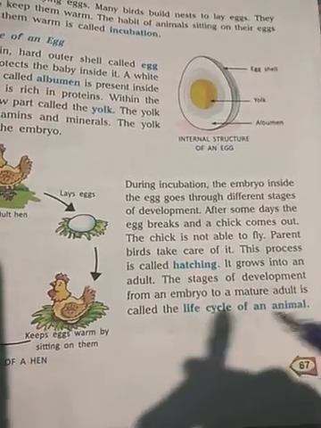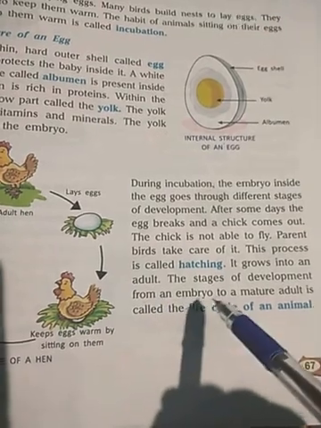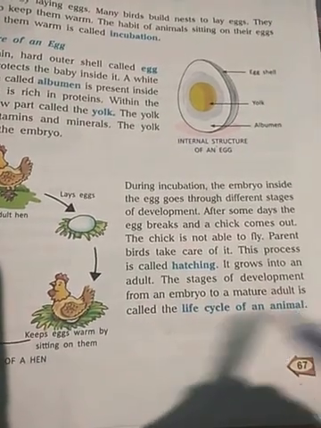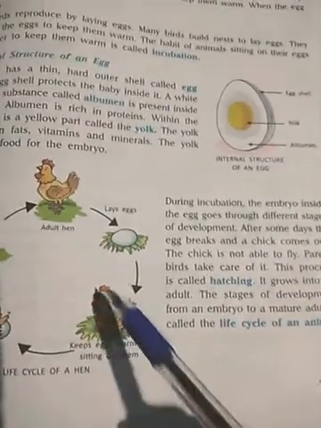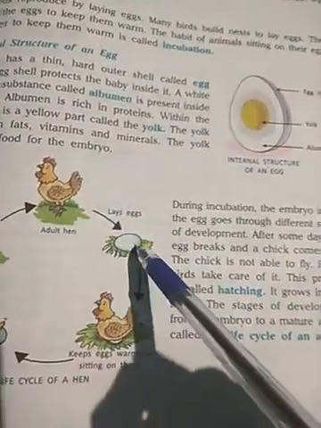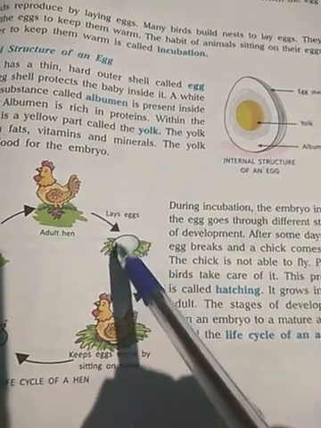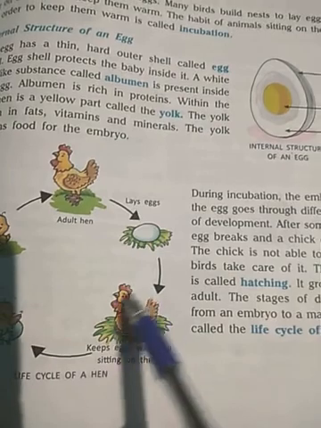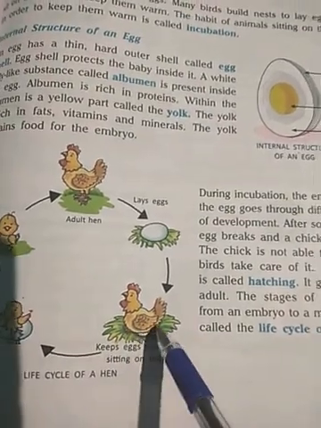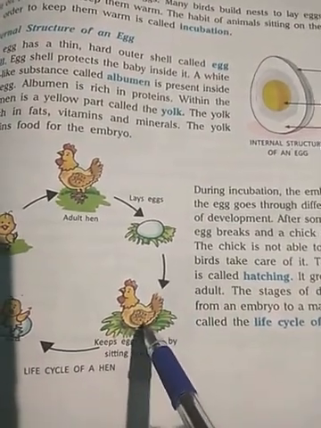The stages of development from an embryo to a mature adult is called the life cycle of an animal. As you can see, the hen has laid the egg and inside the egg the baby was developing. How? The baby was developing because of the warmth provided by the mother.